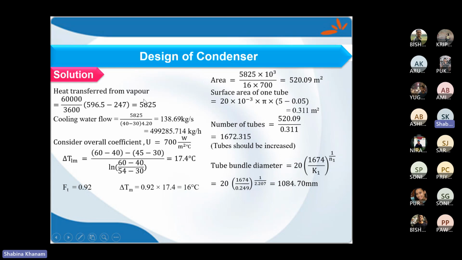So here you see the total heat duty is around 5825 kilowatt. Okay, so if you see here, this duty is also significant, very high heat duty is there. And because of that, we consider horizontal exchanger.